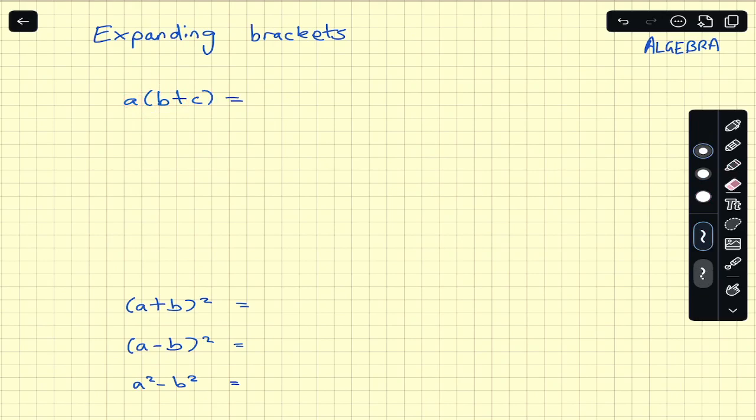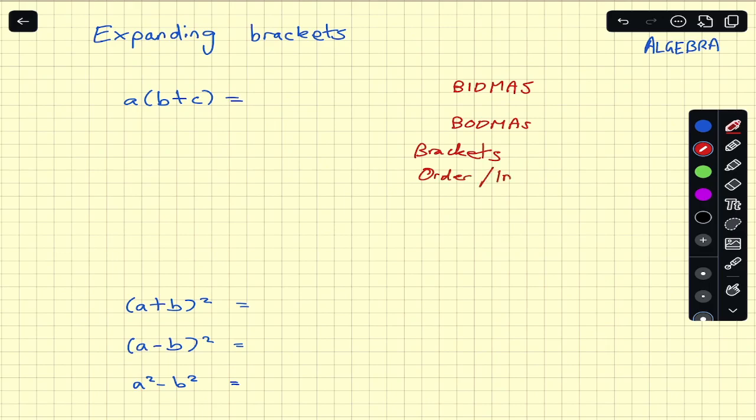Now these brackets, typically if these were actual numbers and not pronumerals, we would carry out the operation inside the brackets first. This is sometimes called the order of operations. Sometimes there are different acronyms for it, like BIDMAS, or I think BODMAS is another, but essentially it would be brackets, orders, or so the I is indices, which is like your power.